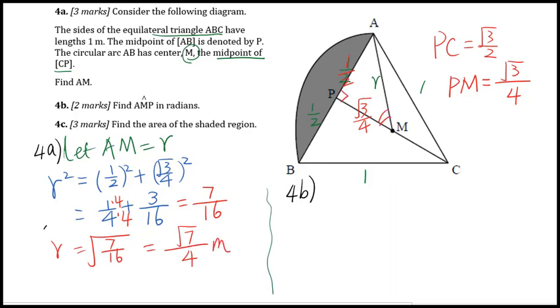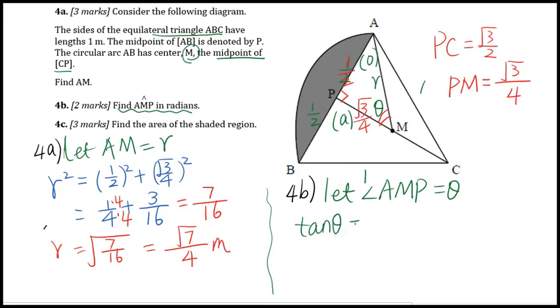Let's go to 4b. Find the angle AMP. Let's label this angle as theta. So define the variable: let angle AMP equal theta. Then this will be the opposite side, this is the adjacent side. So we get tangent theta equals 1 over 2 over square root of 3 over 4.